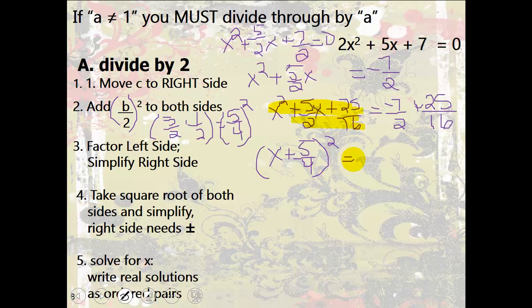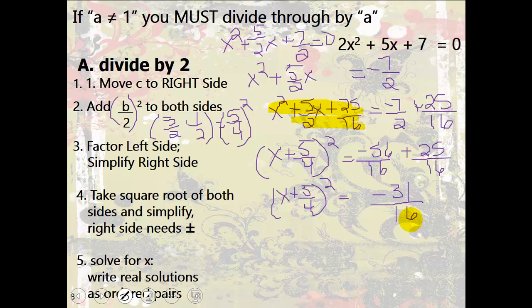Now I have to convert these to the same denominator, so I'm going to multiply 2 by 8 to get 16, and that means I get negative 56 on my numerator plus 25 over 16, and then I'm going to combine that. x plus 5/4 squared equals negative 31 over 16.